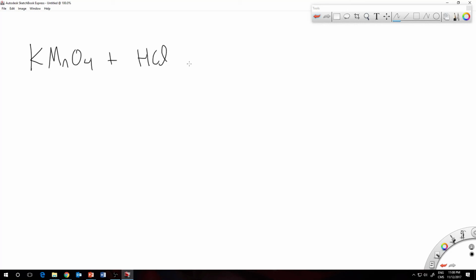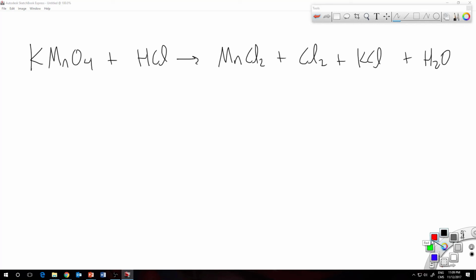So here we go. So it's KMnO4 plus HCl going to the following. MnCl2 plus Cl2 plus KCl, and then finally some water. There you go. So this reaction is somewhat difficult to tell what is actually going on.